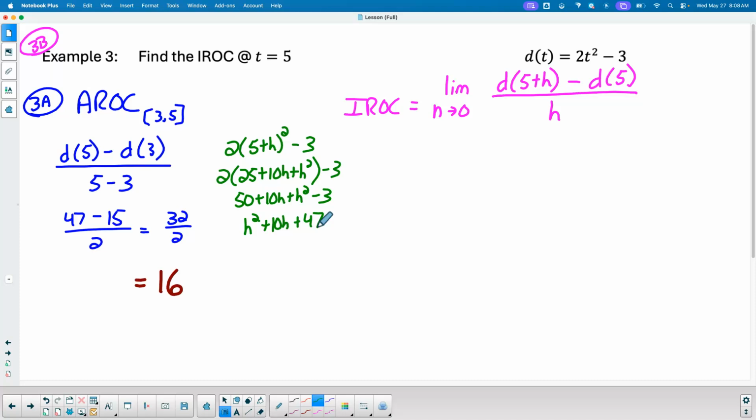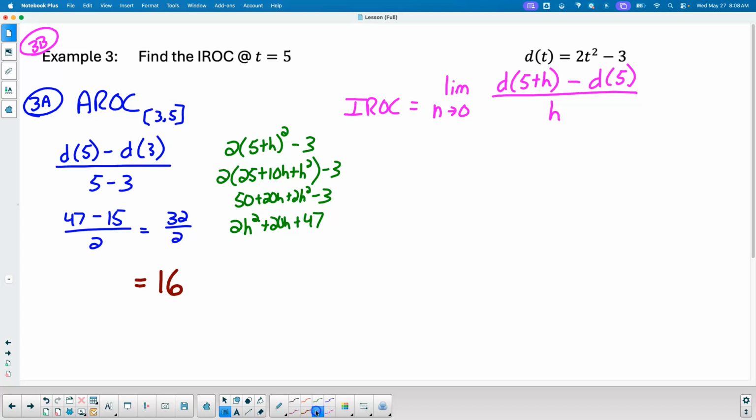Agree with that? Oh, yep. Good eyes. Is that better? 2h squared plus 20h plus 47?